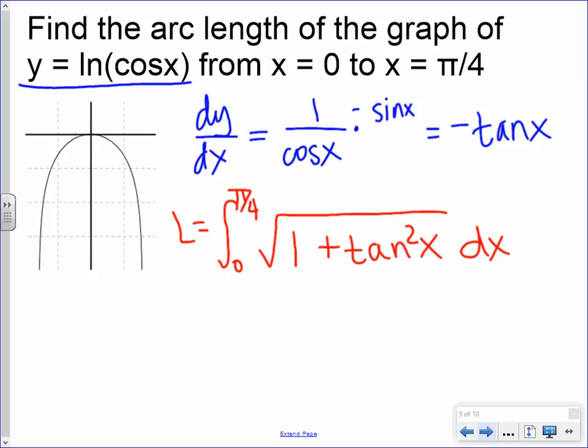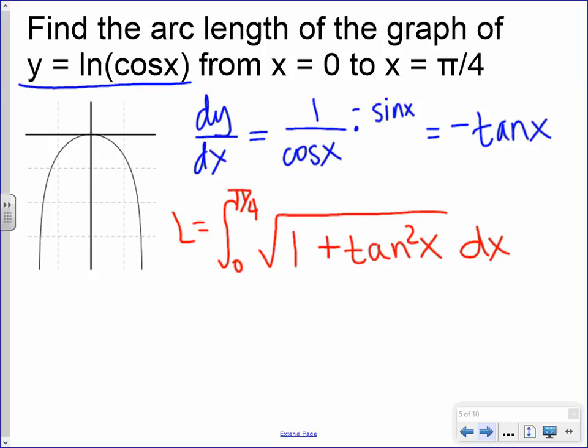Can't take the integral right now. Is there something we can do with 1 plus tangent squared? Isn't there some rule? Yeah, there's an identity.